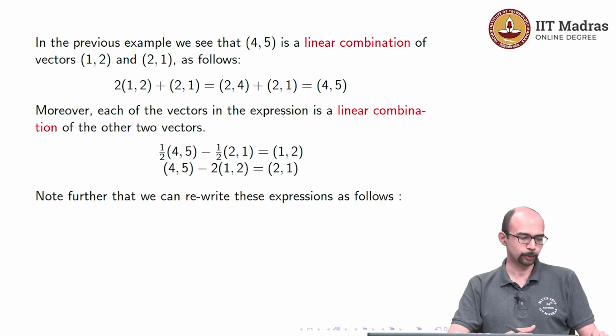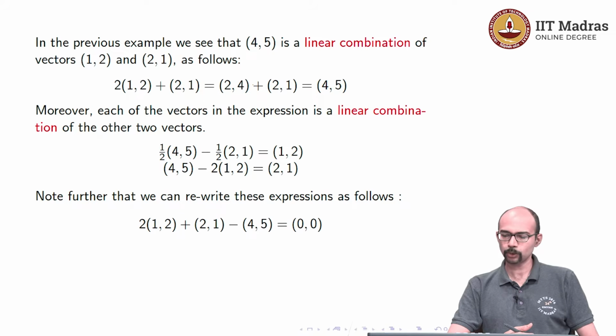This is all some manipulation of expressions, but this manipulation is important because it is going to lead us to a definition. So you can rewrite this expression as 2 times (1, 2) plus 1 times (2, 1) minus (4, 5) is (0, 0). We have taken that first expression and moved (4, 5) to the left by subtracting it out. And so what we get on the right hand side is the vector 0.